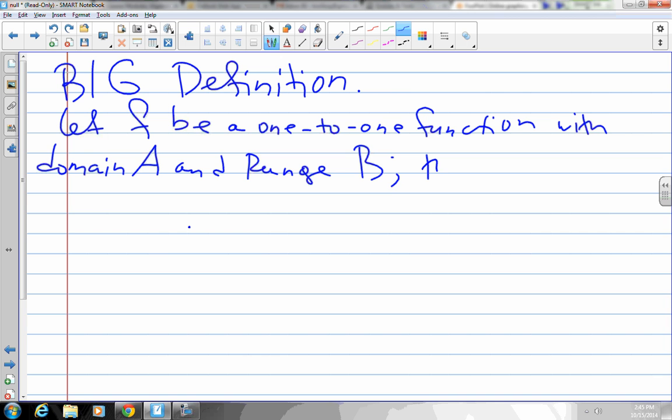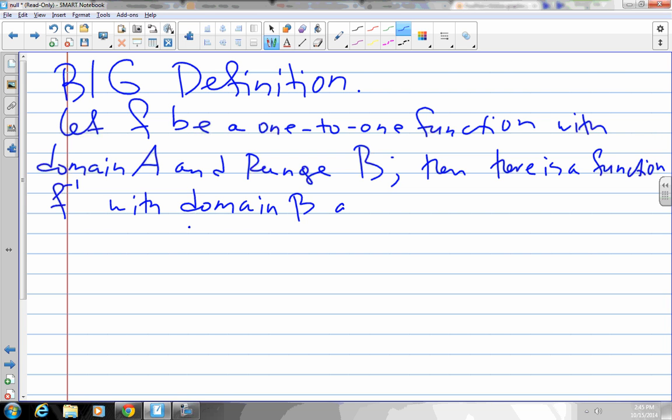Then there is a function labeled as such with domain B and range A so that the following two hold.